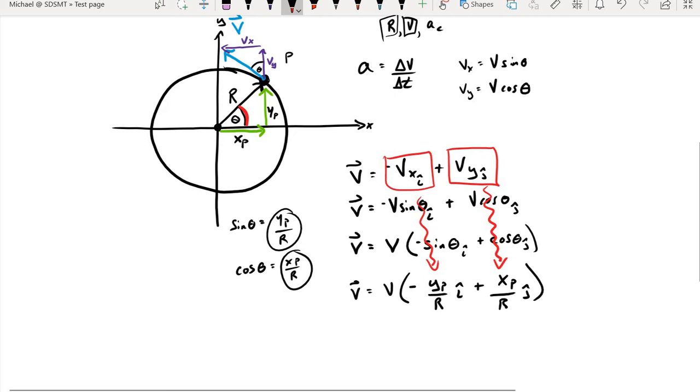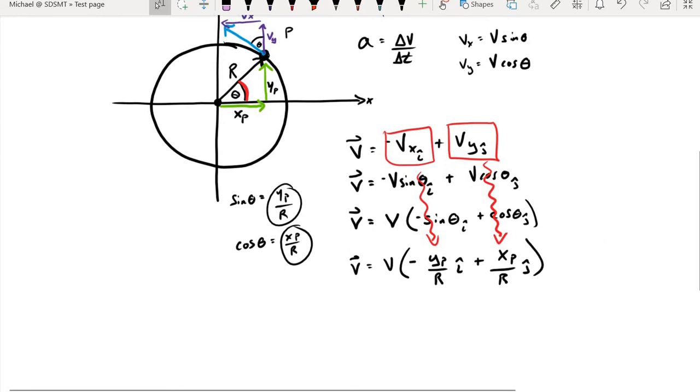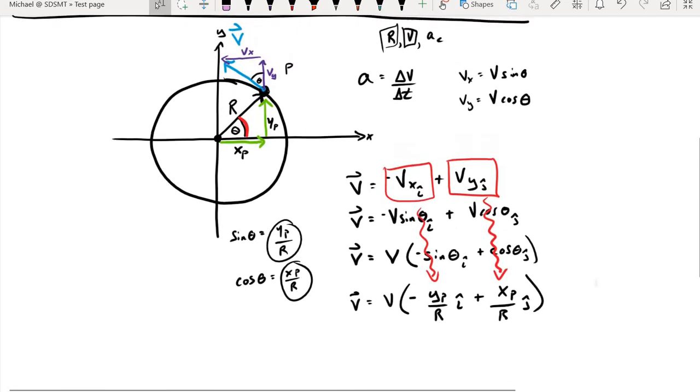Well, no. If we go back and check all of our math, the trig is correct. But keep in mind that as we continue going around in this circle, we're constantly going to be interchanging plus signs with minus signs, and at some point x components will become y components and back again. And so don't let this concern you too much just yet.